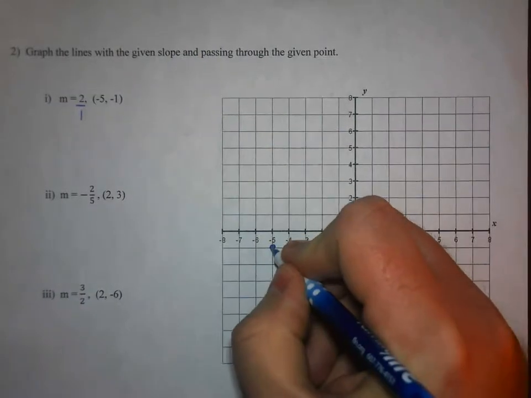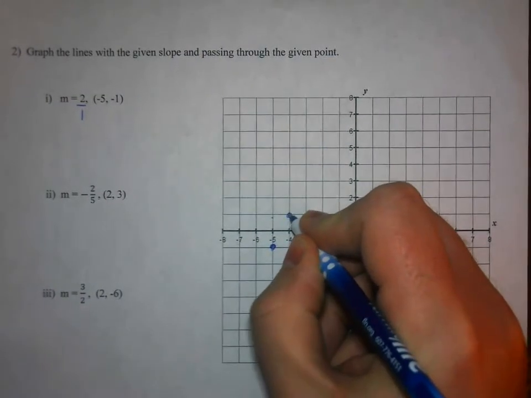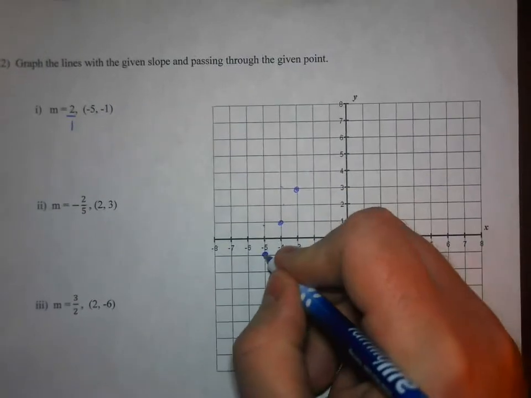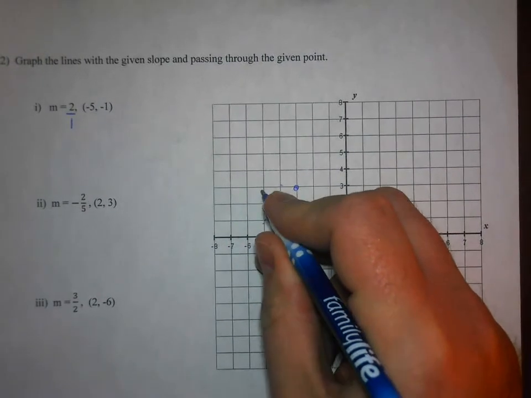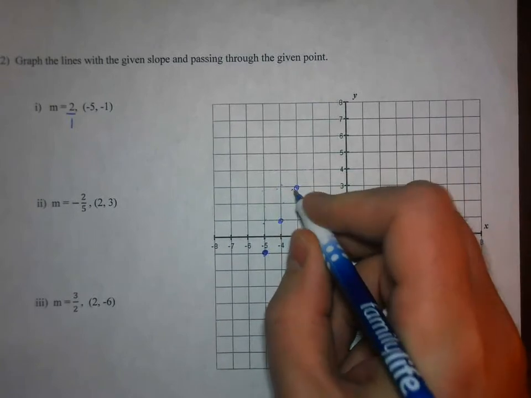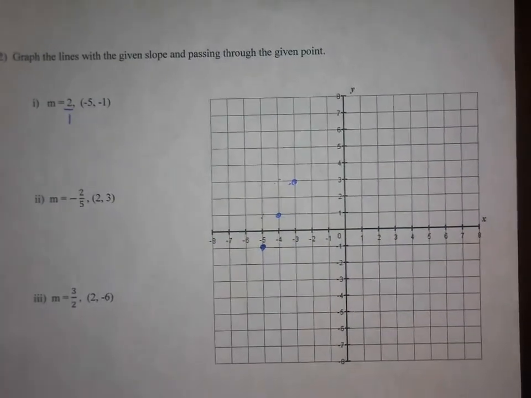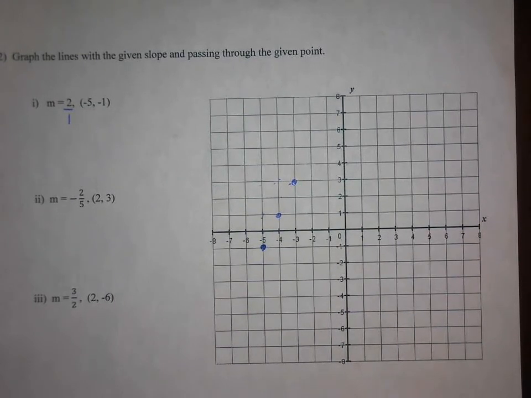So you go up 2 to the right 1. Up 2 to the right 1. Now notice that's the same as going up 4 to the right 2. So 4 divided by 2 would also be 2. Then you take a ruler and connect them. Pause the video and I'll show you the answer key for those.